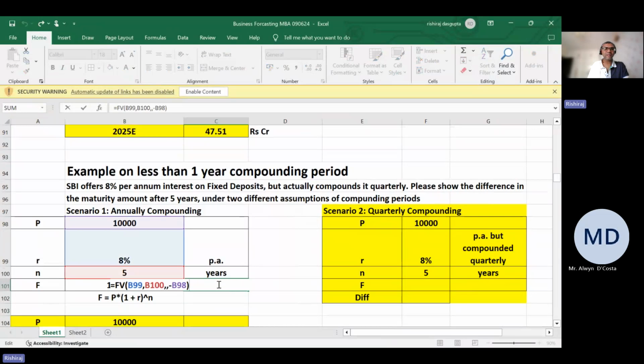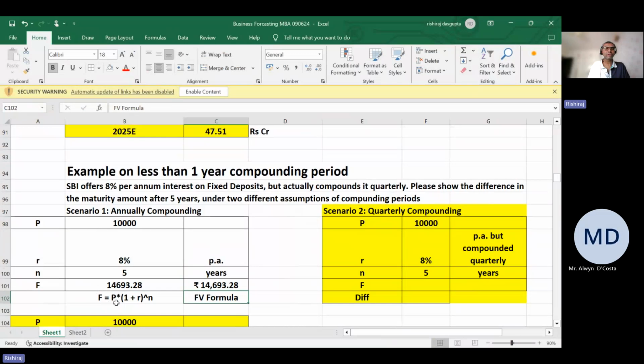Here I have used the FV formula, and here I have used the fundamental mathematical formula that future value is equal to present value into 1 plus R to the power n. I hope you are doing it along with me. While watching the video, please open an Excel sheet and practice it along with me.